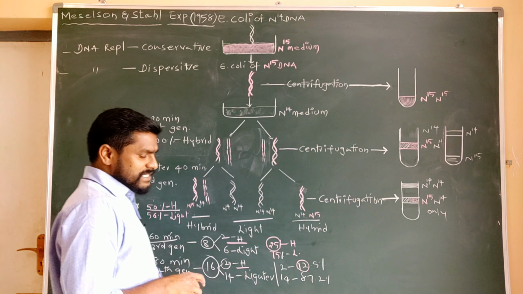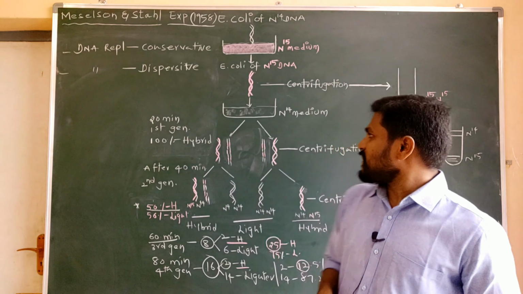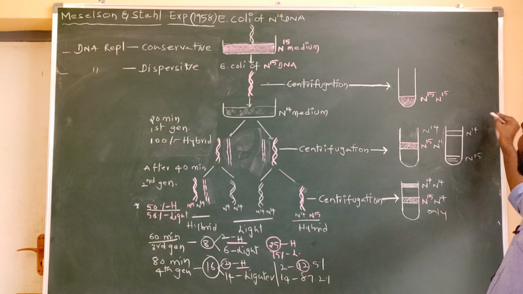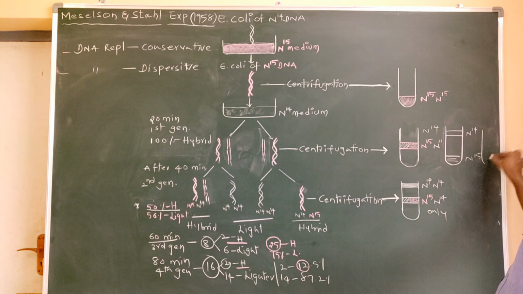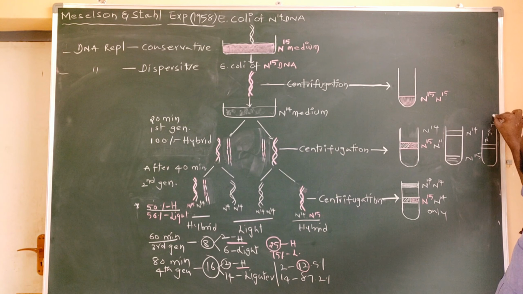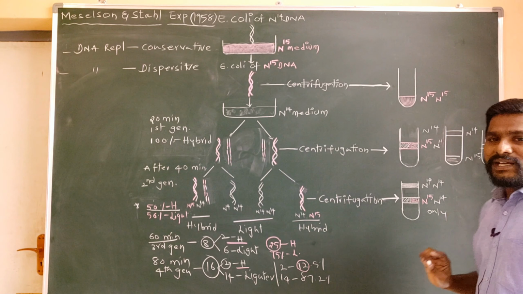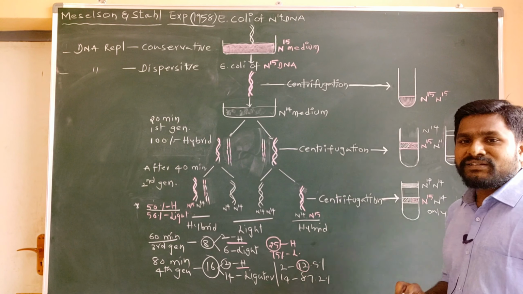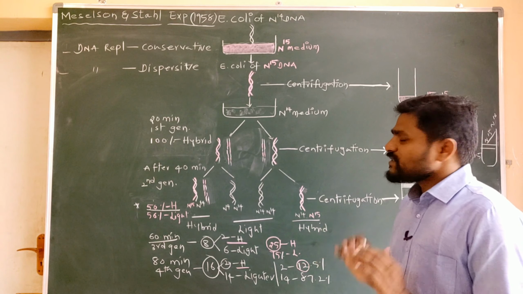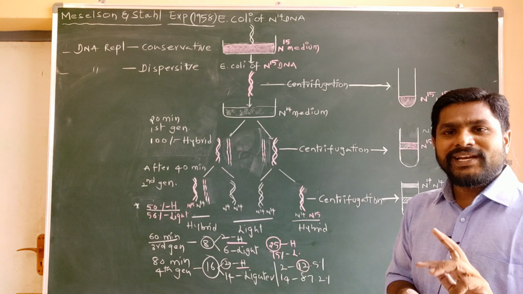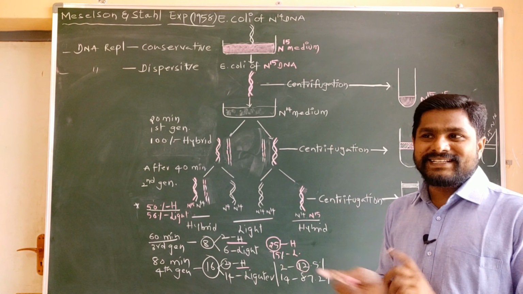So the result of centrifugation in this situation will give a middle band like this. Here the middle band indicates what? N15 and N14 hybrid DNA, but the difference is that in the semi-conservative model, the two E. coli cells have N14 and N15 strands, so that is a hybrid DNA.